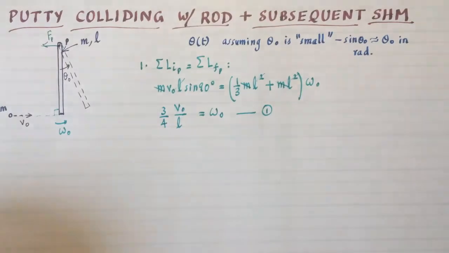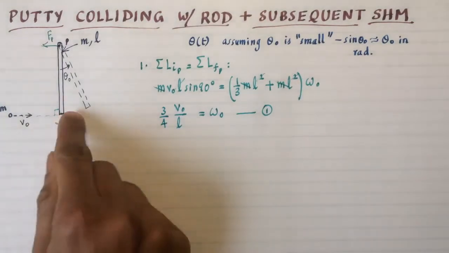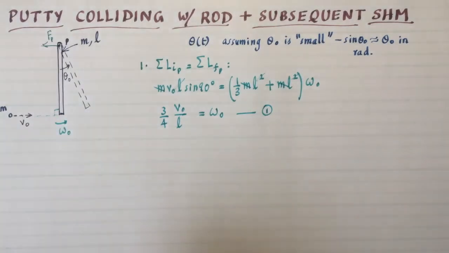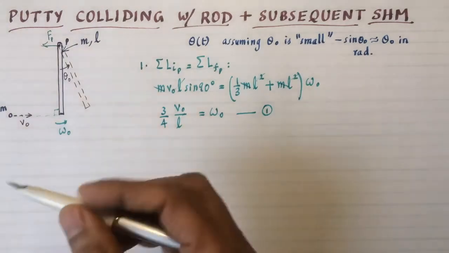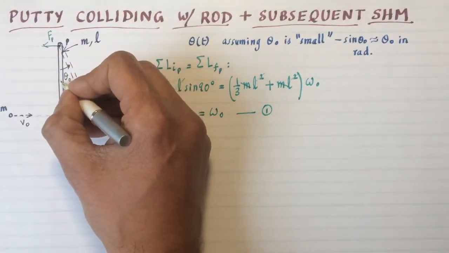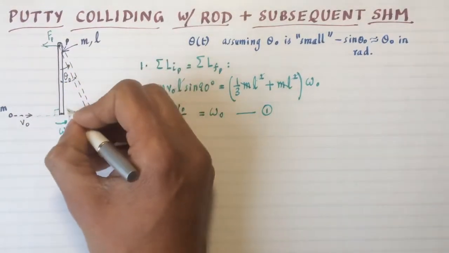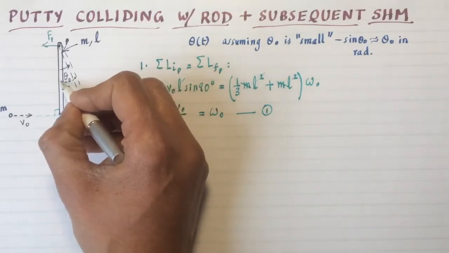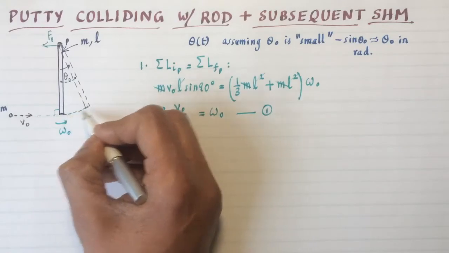Now once you have the collision, the next thing that happens is the initial kinetic energy becomes the final potential energy. Now for this, again, I've done problems of a similar nature before. You have to use what's called the pendulum geometry. There's two pendulum geometries here, one associated with the center of mass of the rod and the other associated with the putty.